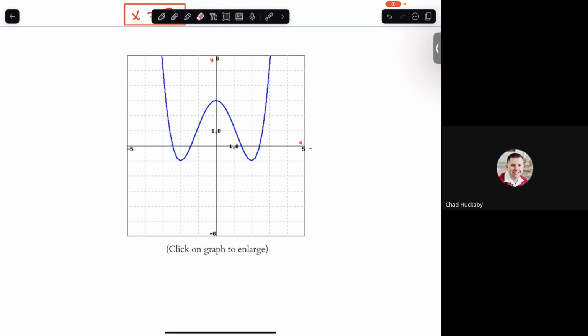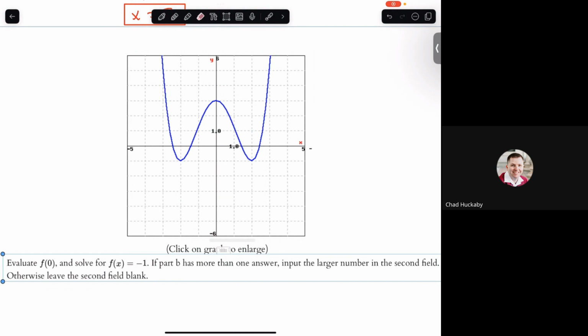Let's try this problem, see if we can figure it out. So what you're asked to do is to evaluate f of 0 and solve for f of x equals -1.